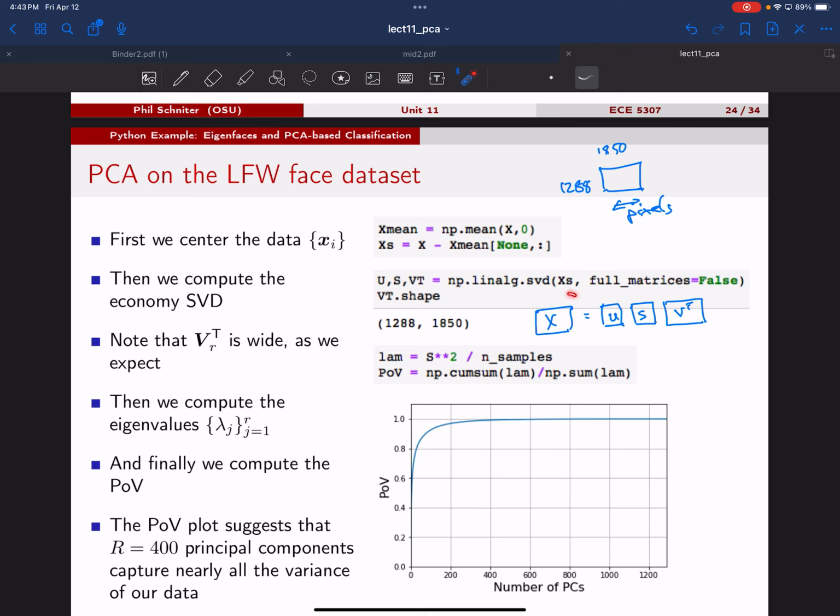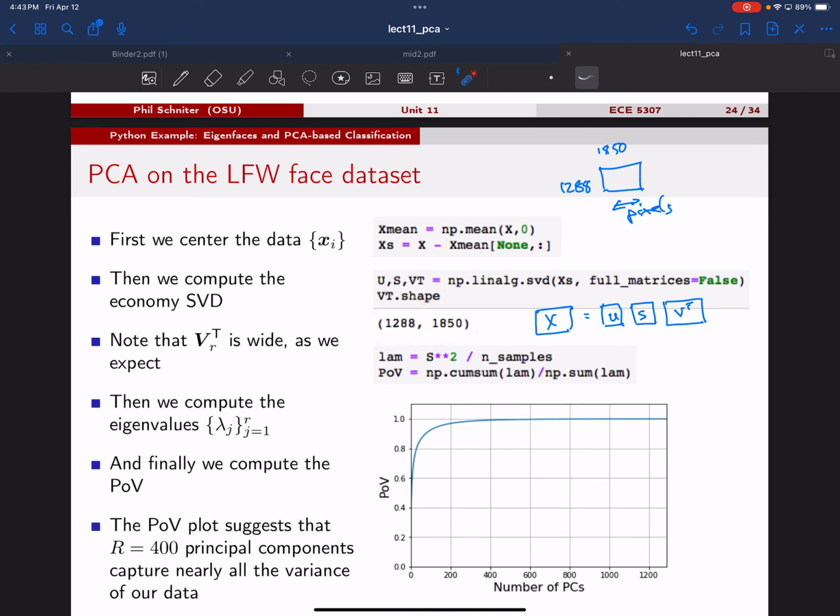If this is full rank, the rank is the minimum of these two dimensions, which is 1288. So that means S is 1288 by 1288. That means U also has to be square, 1288 by 1288, because it has to match that dimension, which means V transpose has to have the same shape as X. And V transpose is this shape, which is exactly what we expect.